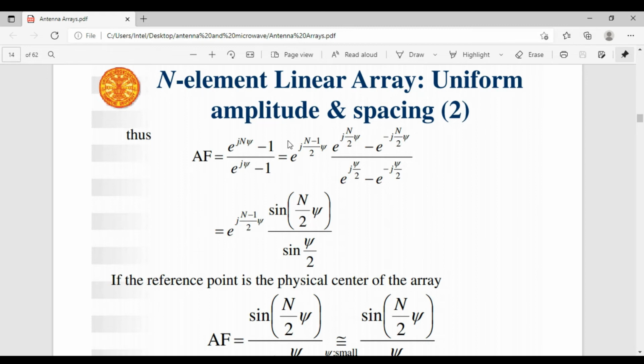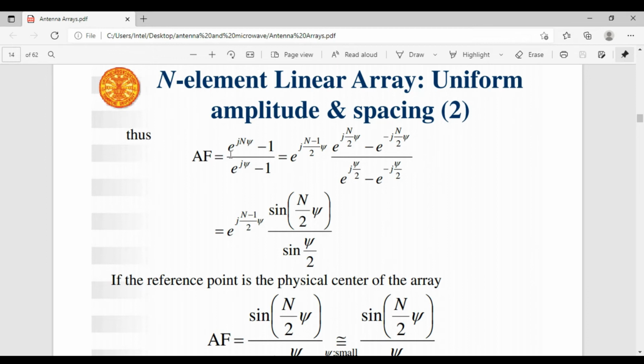Here it is e power minus j n by 2 psi into e power positive j n by 2 psi. So e power minus plus e power plus, it becomes e power 0, which is 1. So we have to take the common terms outside. For that only we are doing this kind of simplification. So e power j n psi.